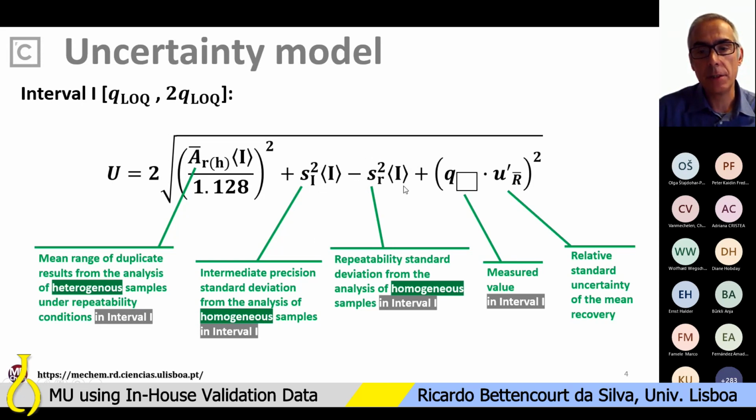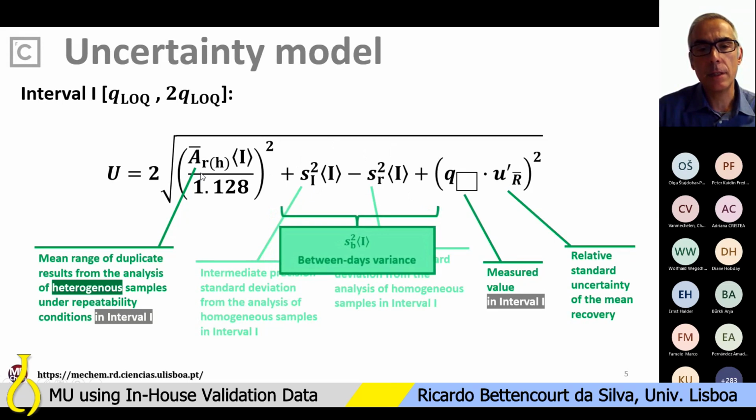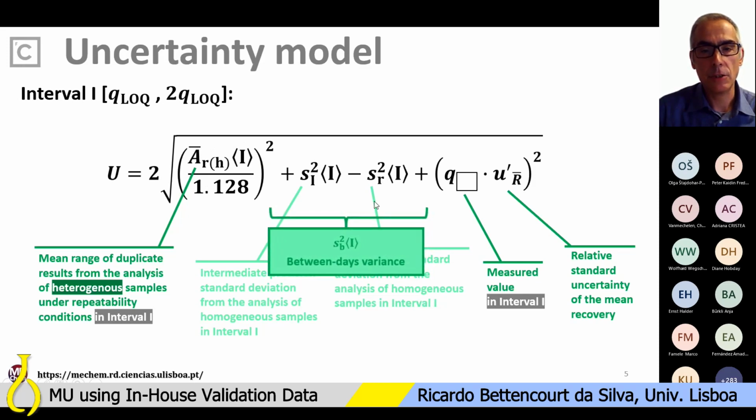Then you have a term for the repeatability standard deviation from the analysis of homogeneous samples, typically collected during the method validation. If we take this subtraction, we have the between-days variance that, together with the repeatability from the analysis of heterogeneous samples, gives the precision component of our measurement uncertainty.